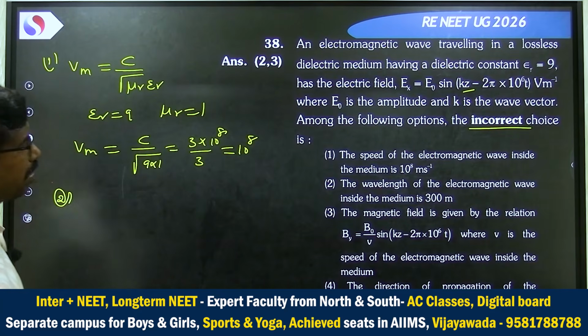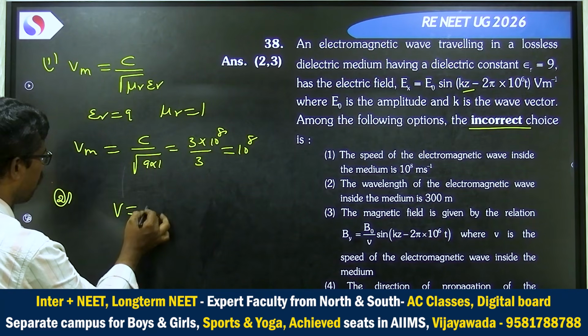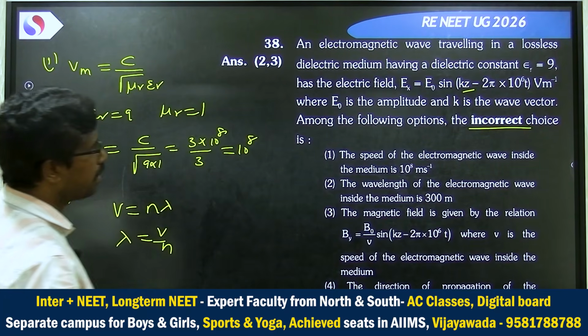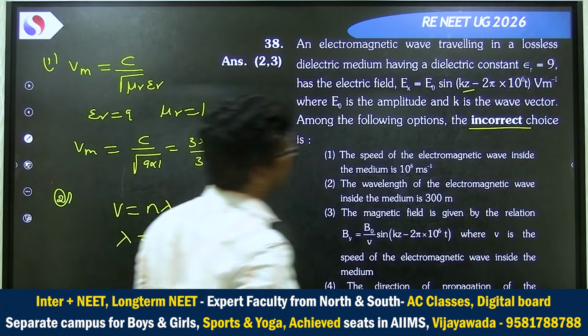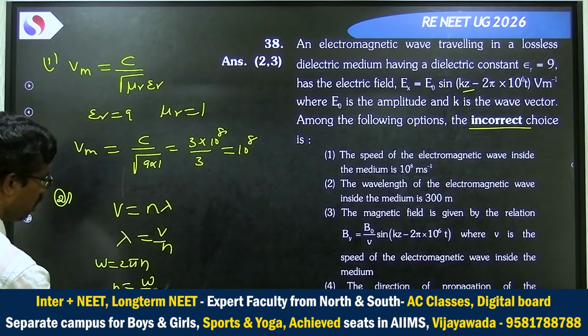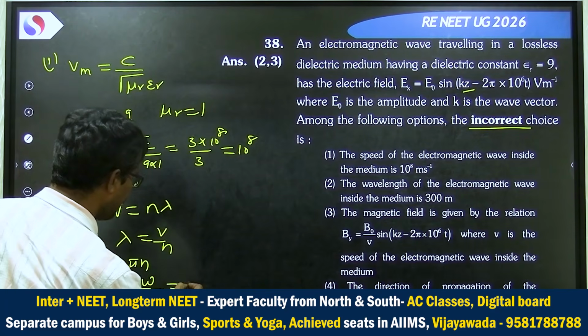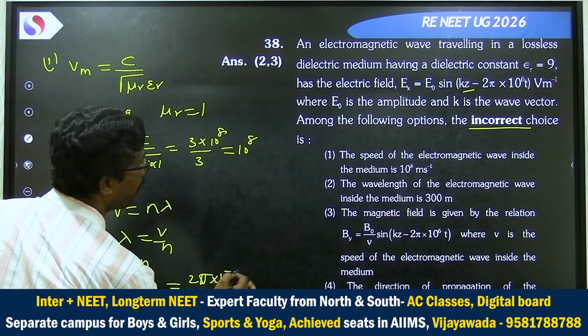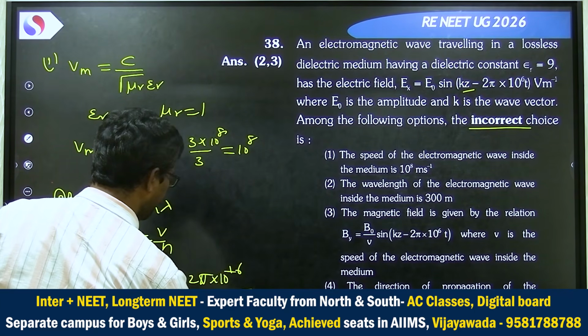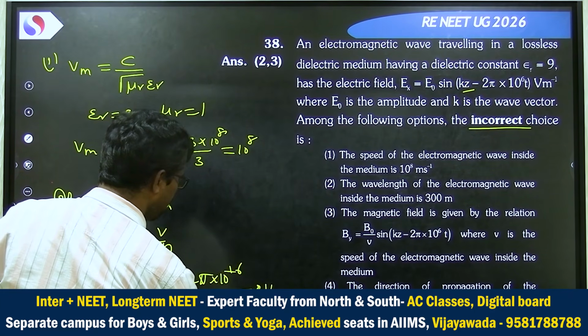The second option says the wavelength of the electromagnetic wave inside the medium is 300 meters. We have to check it. What is the formula? V is equal to n lambda, so lambda is equal to V by n. The phase is kz minus omega t, and omega is equal to 2 pi n, so n is equal to omega by 2 pi. The value of omega is 2 pi into 10 power 6, so n is 10 power 6.